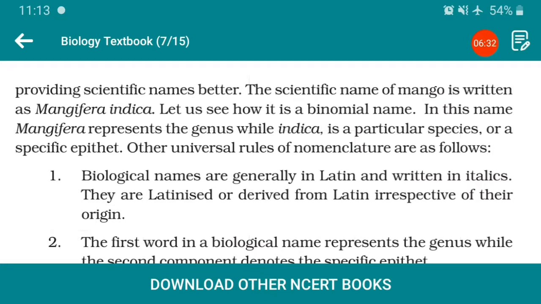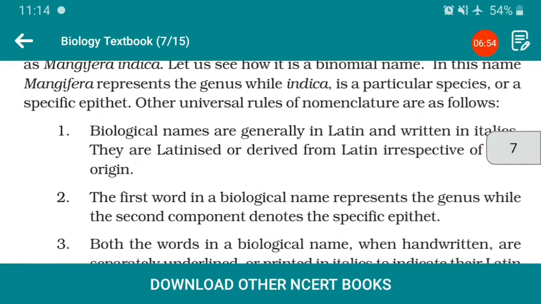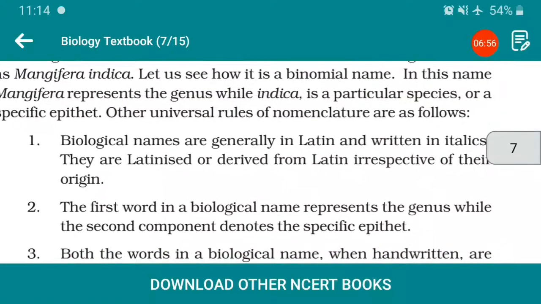Tiger also has its own name, Tigris. Mangifera represents the genus, while indica represents the species. So on the two bases, genus and species, Carl Linnaeus gave the nomenclature. So here are some rules for the nomenclature.